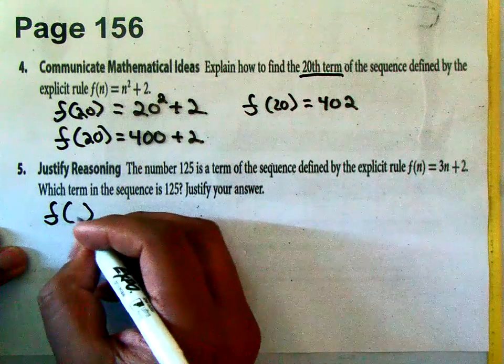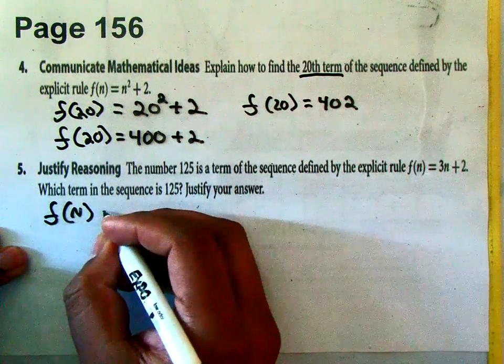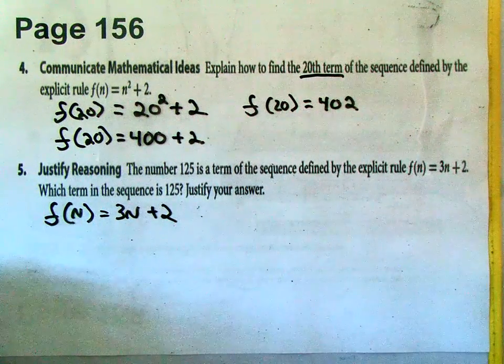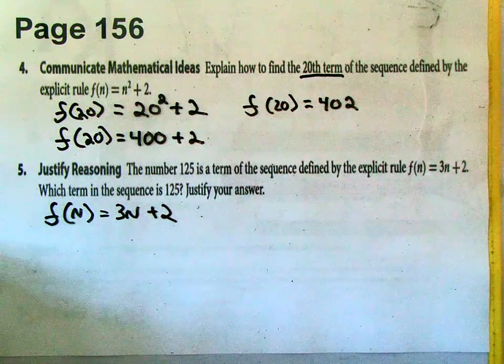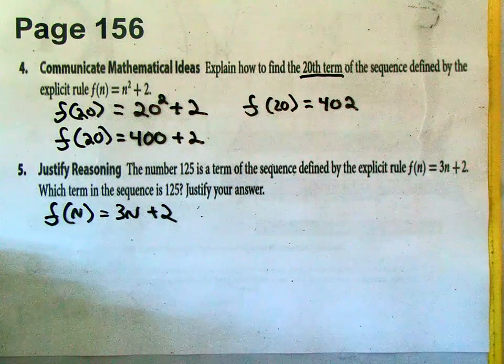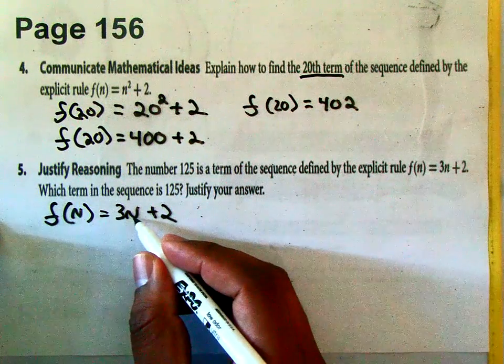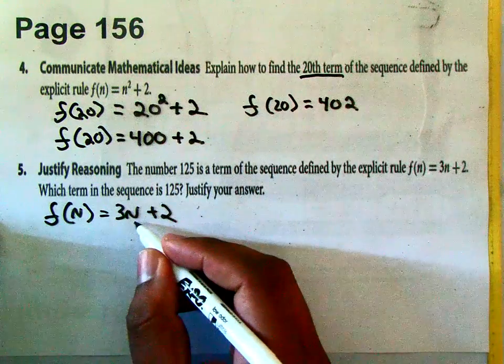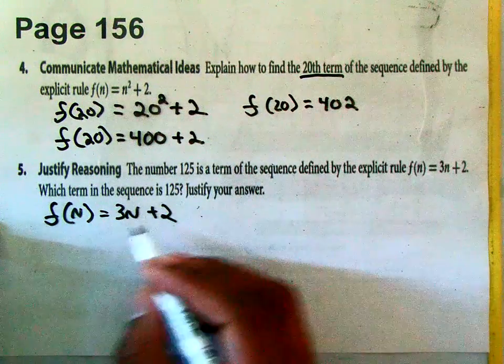F of n is equal to 3n plus 2. And we don't know what number we plug in for n, but when we do plug in that number, we get 125.